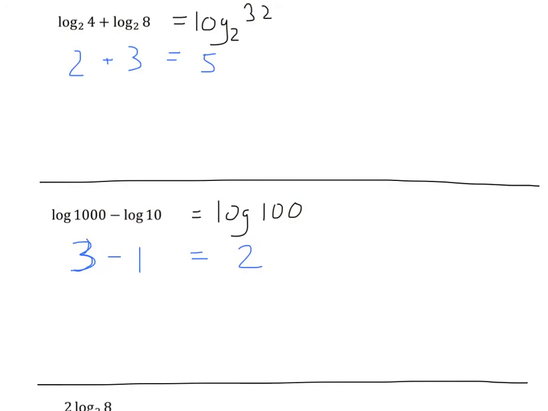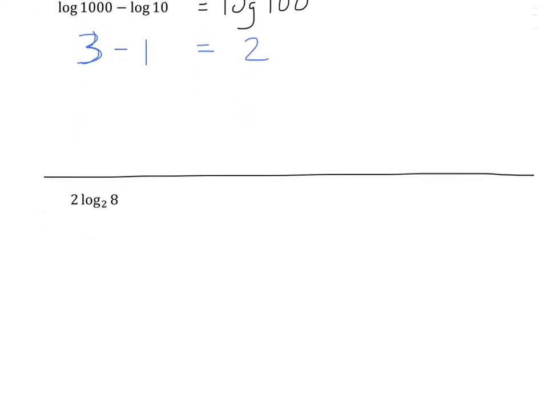Let's look at one more. 2 times log base 2 of 8. According to that property we talked about earlier, this should be equal to log base 2 of 8 squared. That seems so weird, but let's see. Is this true? Let's look at this side, 2 times log base 2 of 8. I can rewrite that as 2 times 3, since log base 2 of 8 is 3.